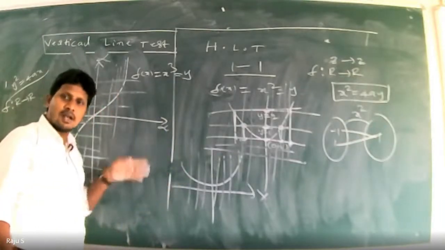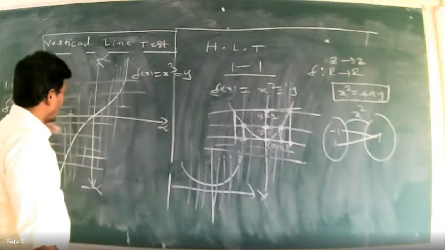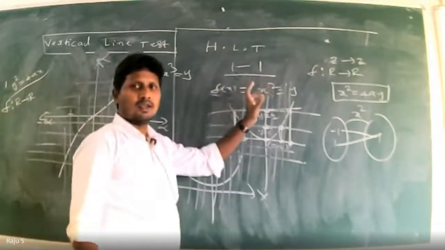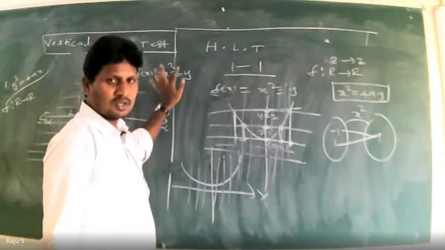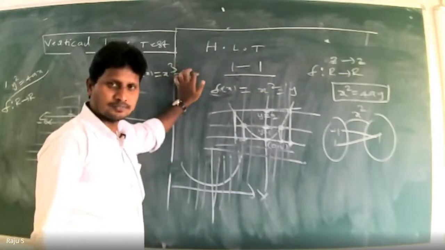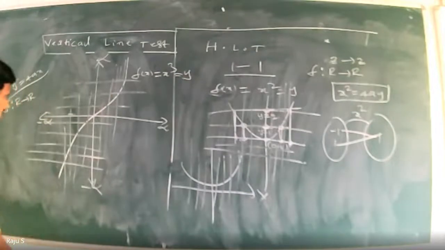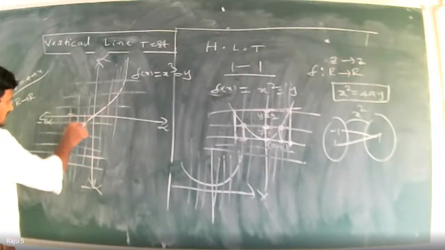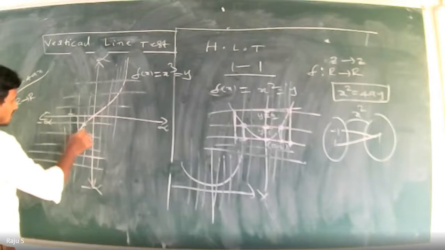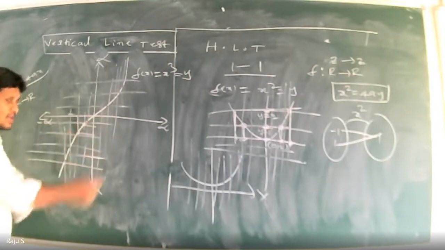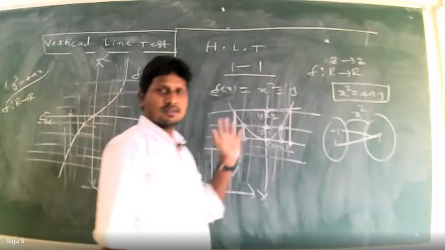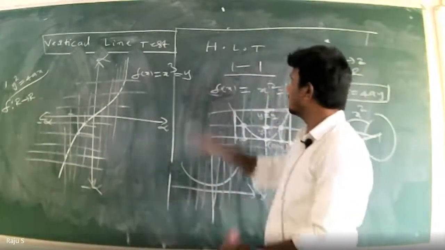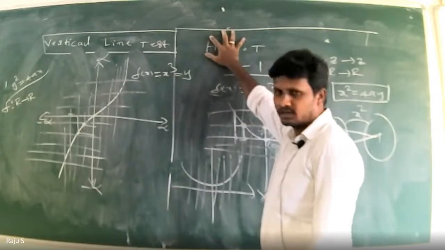By using the vertical line test, and the horizontal line test to check the 1, 1, clearly y is equal to x cube is a function as well as 1, 1. Nothing but distinct values of x have distinct images, distinct y values. Different values of x give different values of y. So this is the use of the vertical line test and horizontal line test.